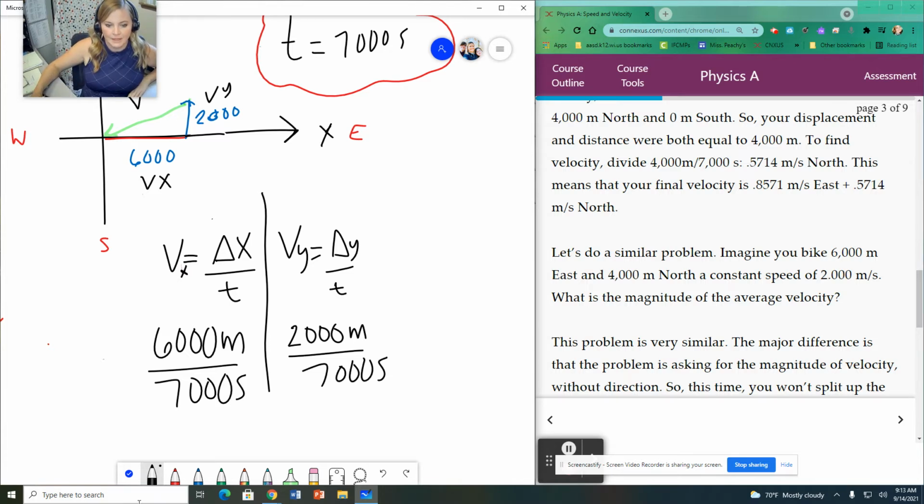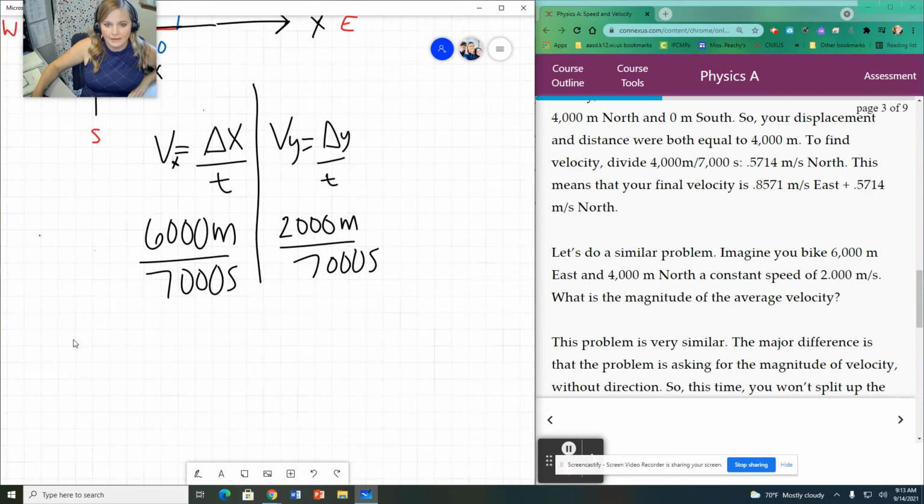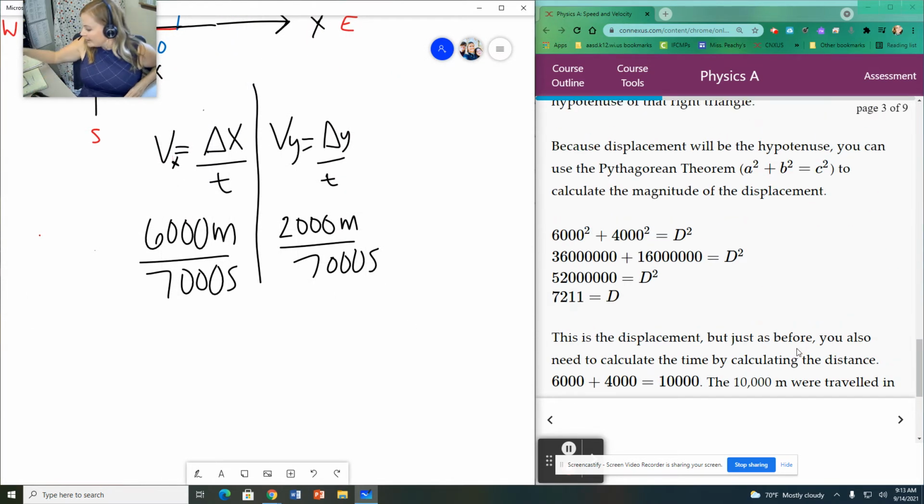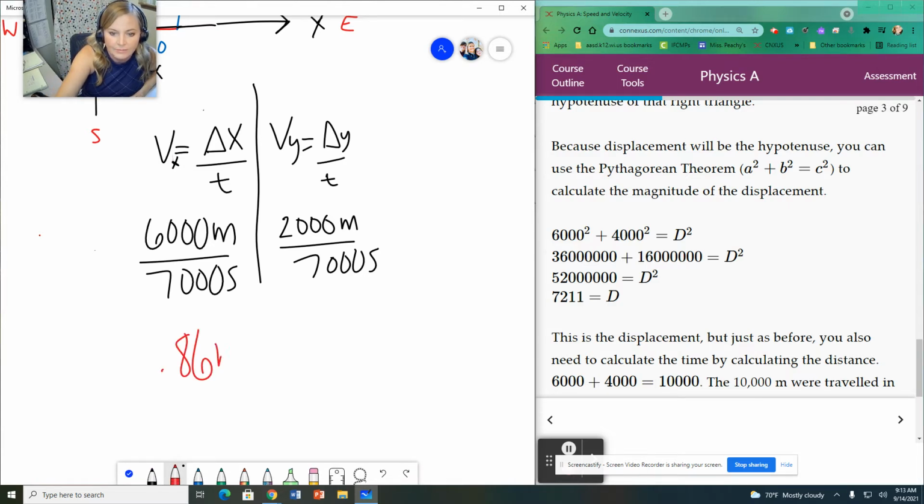Okay? If we divide those out, we get for our x component 0.86 meters per second. And for our y component, we get 0.57.